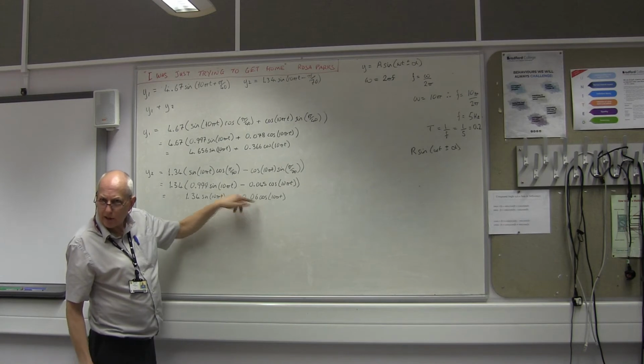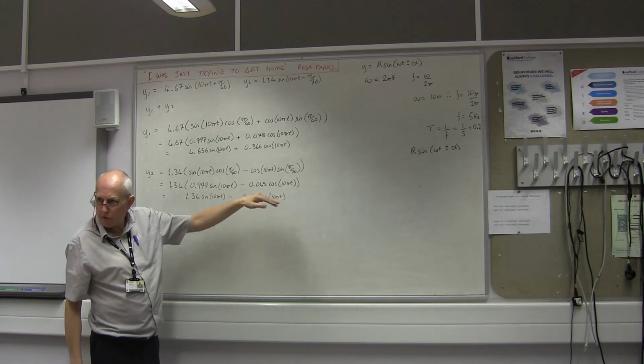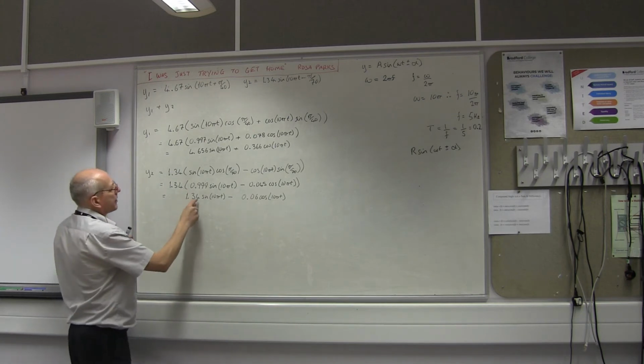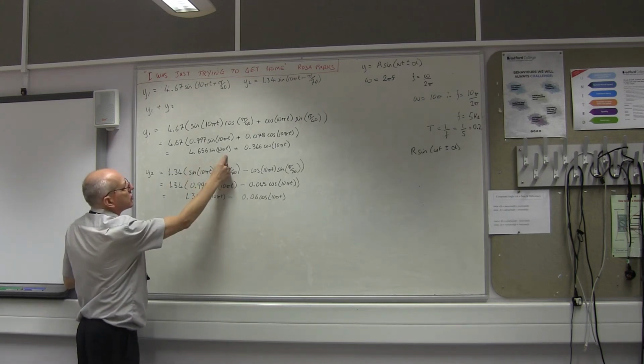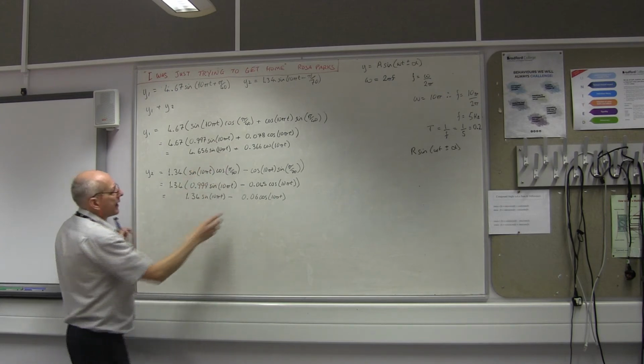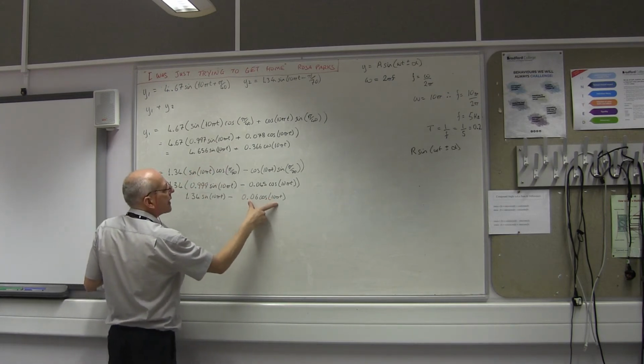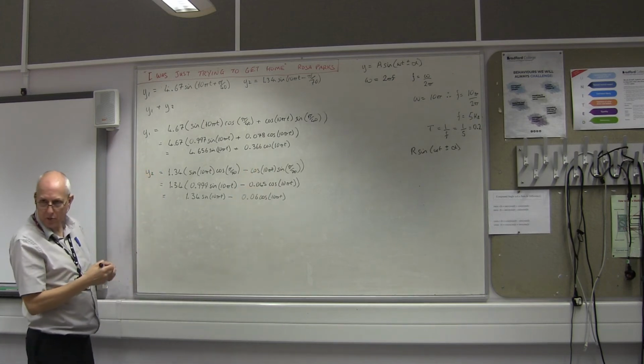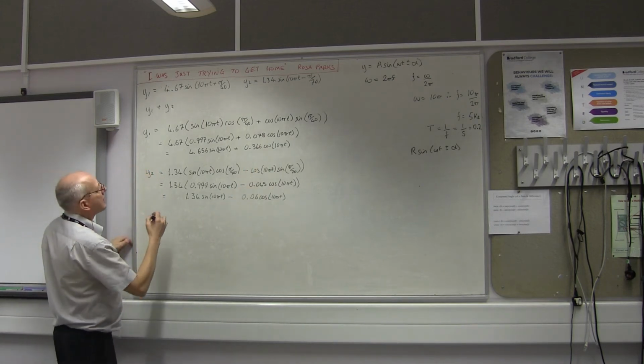Is that clear, or do I need to put another line in to show before I add them together? I'm adding y1 and y2, so that will mean that I'll add that sine function together with that sine function, adding the like terms, and I'll add this cosine function with this cosine function. Obviously that's a minus sign, so it ends up being a subtract. So does that make sense?